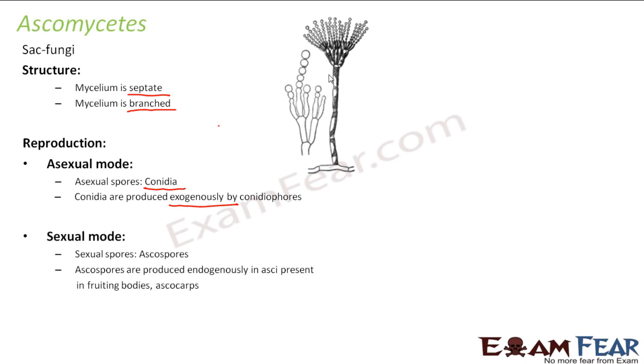Talking about the sexual mode, sexual spores are ascospores. It is related to the name Ascomycetes. As I said, asexual spores and sexual spores are different, right? The sexual spores, that is ascospores, are produced endogenously in asci, which are present in the fruiting bodies called ascocarp.